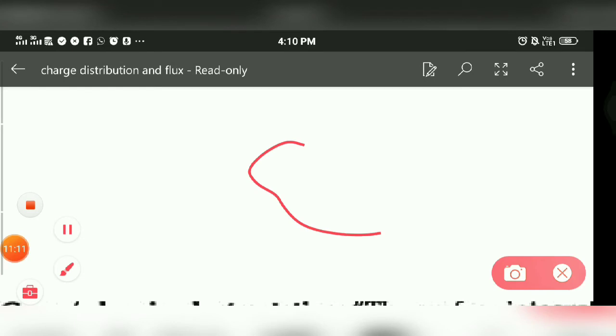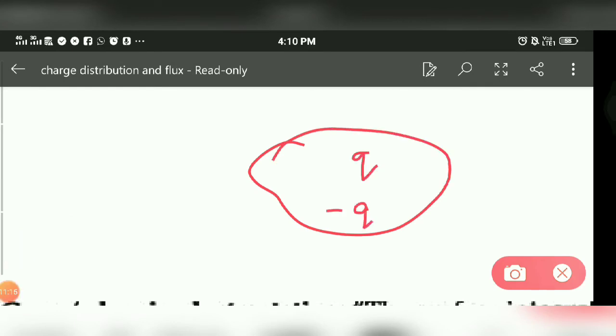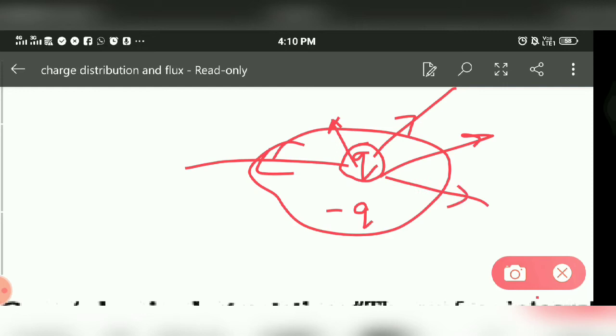But what is the physical significance of this? If a surface contains equal positive and negative charge, then due to the positive charge, the electric field is in the outward direction, and due to the negative charge, the electric field is in the inward direction.